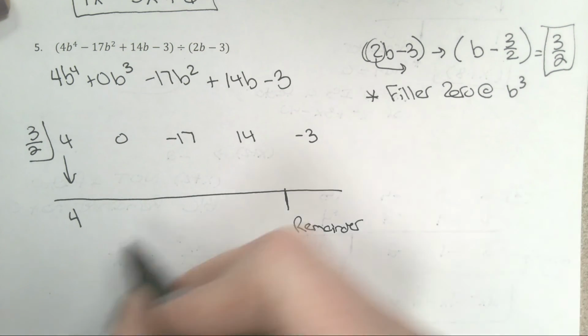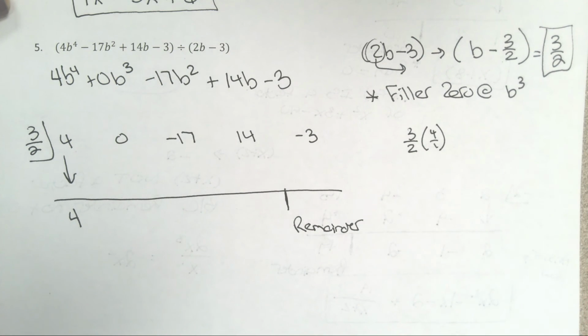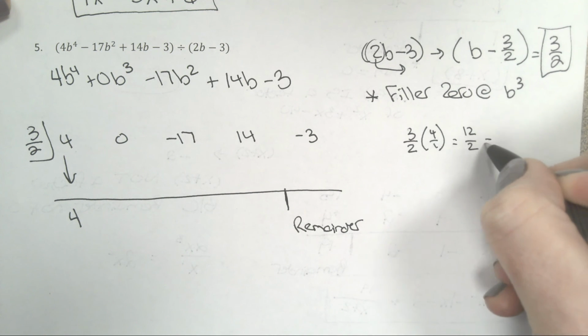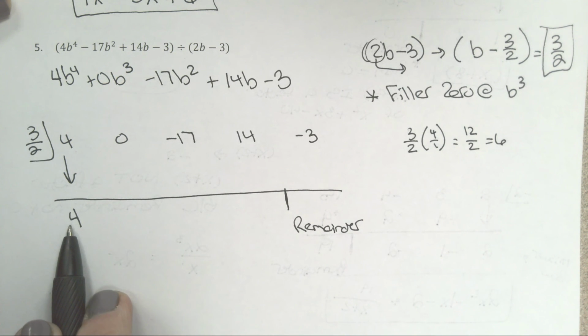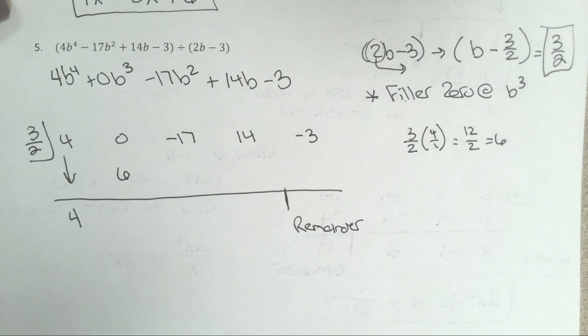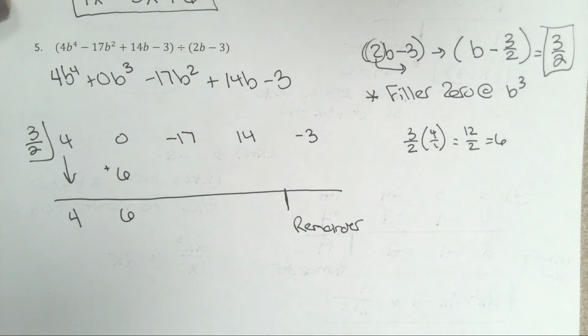You are taking 3 halves times 4, or 4 over 1. That gives me 12 halves, which equals 6. 3 halves times 4 equals 6. And now you add down. 0 plus 6 equals 6.